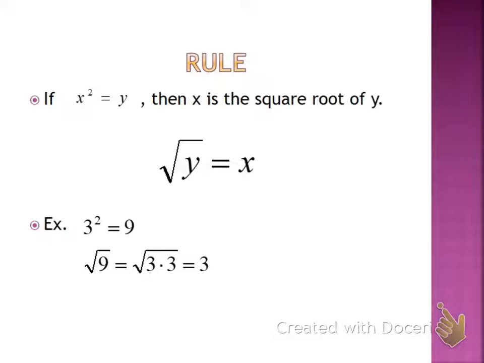Our rule for square roots is that if x squared equals y, then x is the square root of y. It is shown with an example at the bottom. If 3 squared equals 9, then the square root of 9 is 3.